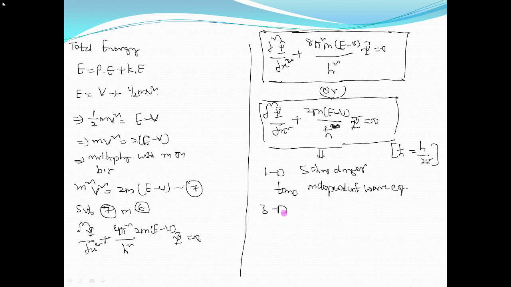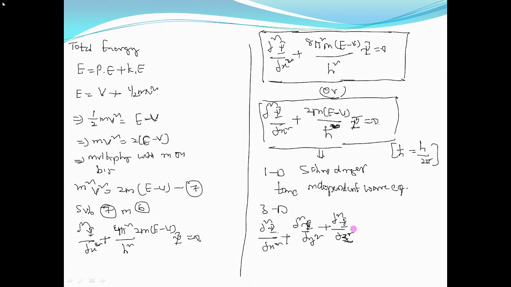Okay, if I extend for 3 dimensions, what will be the wave equation? I need to write it as ∂²ψ/∂x² + ∂²ψ/∂y² + ∂²ψ/∂z² + 2m(E − V)/ħ² ψ = 0. Because 3 dimensions means all the 3 axes.